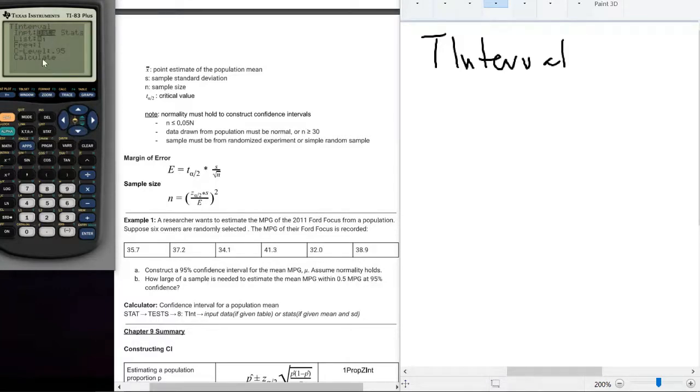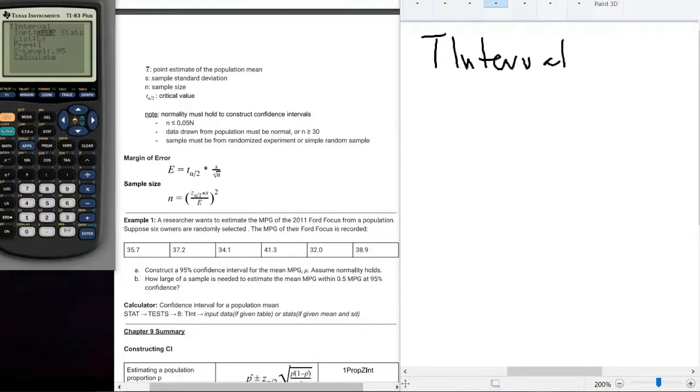you'll enter L1 or wherever you have your data into the list, leaving frequency by default at 1, and then you'll enter the confidence interval just like before in decimal form. Okay, so here we're asked to construct a 95% confidence interval for the mean. Let's call that 0.95. And notice what's going to happen.